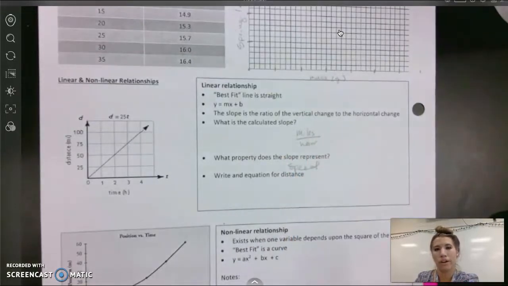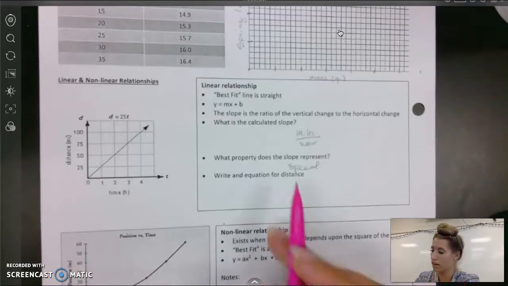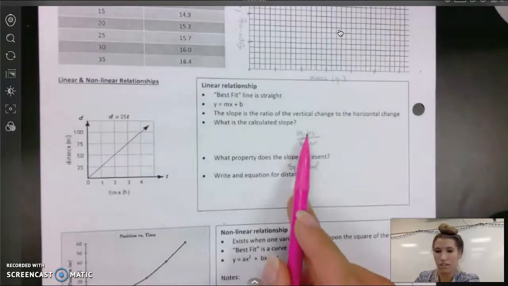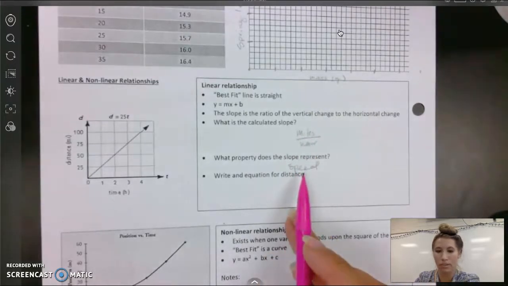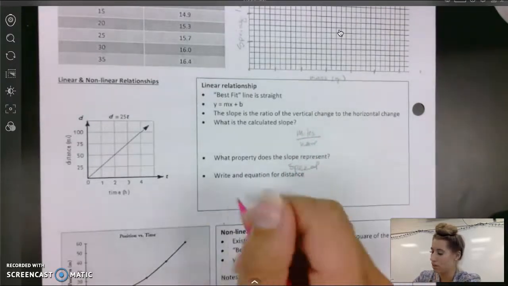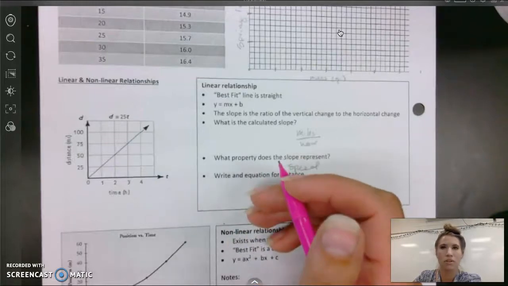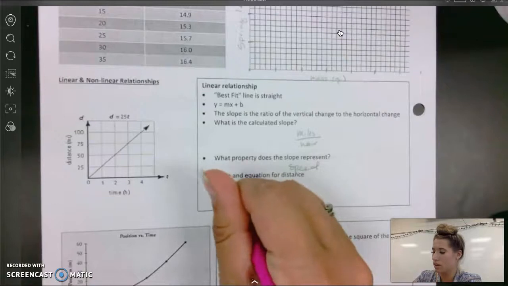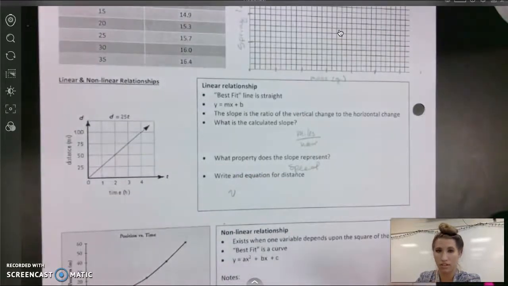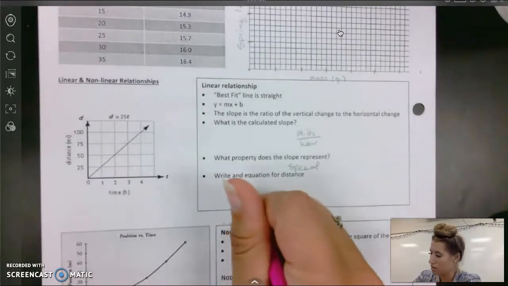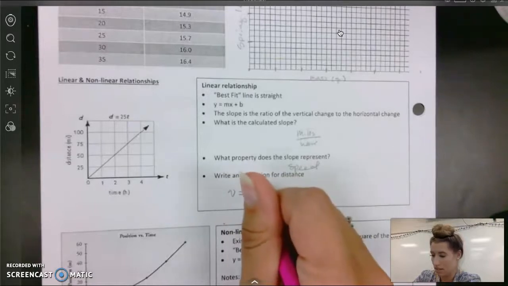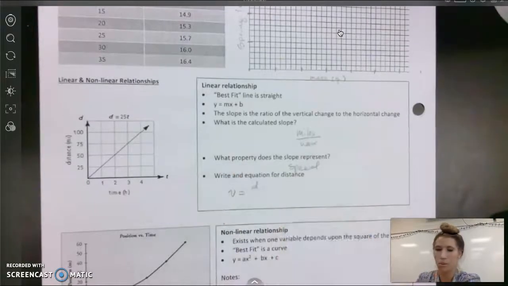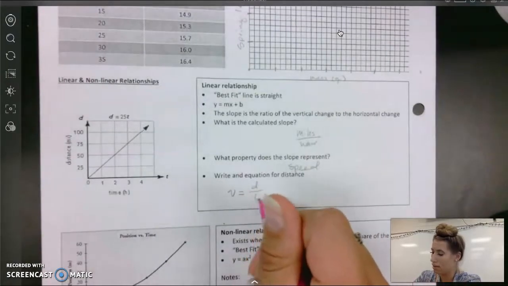So now, knowing this, let's write an equation for distance. Okay, so here we have distance over time, and we know that equals the speed. Okay, so let's give those some variables that we can work with. We're going to call speed velocity, v, and that's going to equal our distance, which I've seen expressed as a d or an x, over a time value.